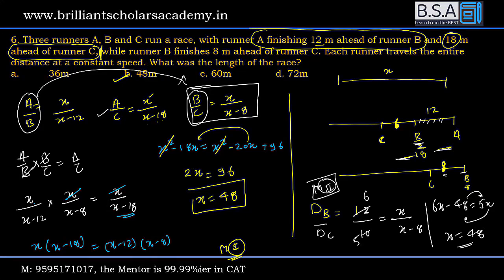We need a little understanding here. We need to understand what just happened. B completes 12 meters in the same amount of time.